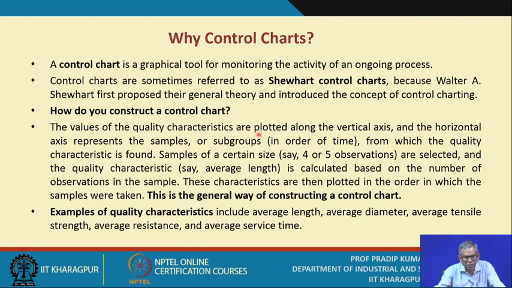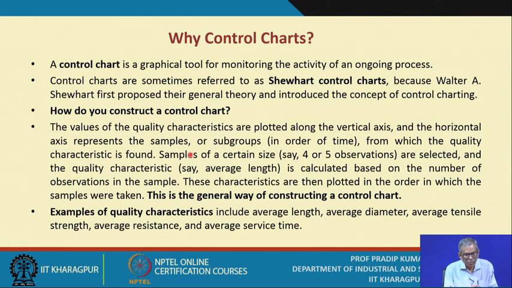The values are plotted along the vertical axis, that means the y-axis, and the horizontal axis represents the samples or the subgroups. As I have already pointed out, there are certain rules, there are certain norms for the samples which you draw from the population or from the process. Later on, we will discuss this one.